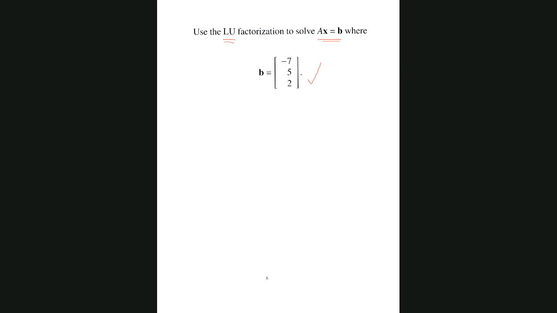Okay, so you're used to saying, if AX equals B, we can solve this system of equations using row operations. And we learned that if A is an invertible matrix, a square matrix, we could let X equal A inverse times B. But that only works if A is a square matrix.